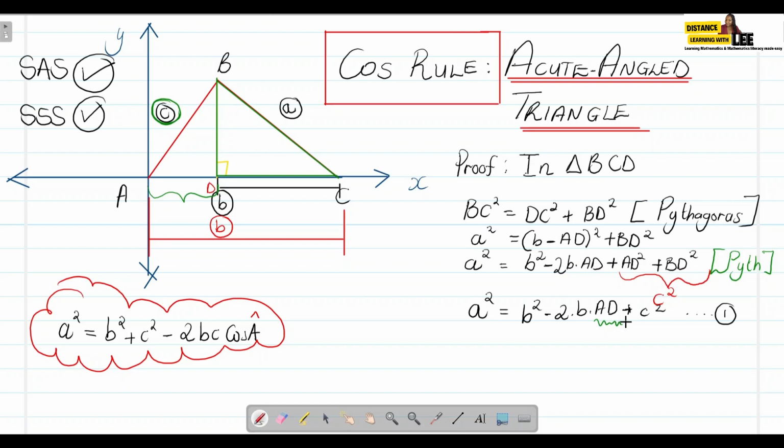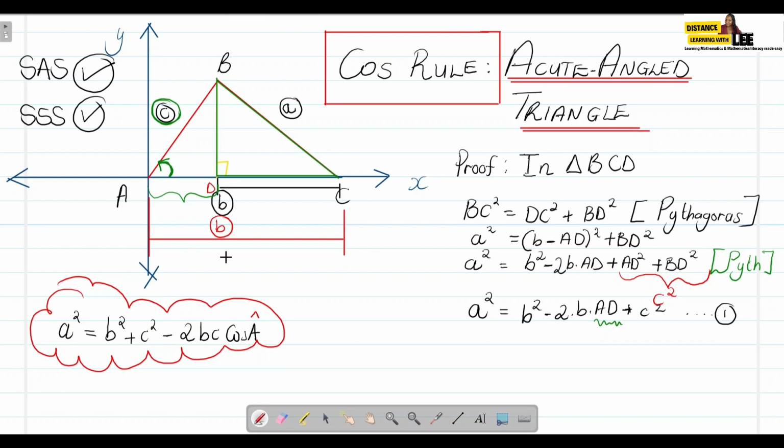And we already know we're dealing with the cos rule, so we already know that we want to find cos of an angle. In this case, we want to find cos of our angle A, because if you measure from the positive x-axis going to our line AB, that is our angle A there. So we can find the cos of that angle there.